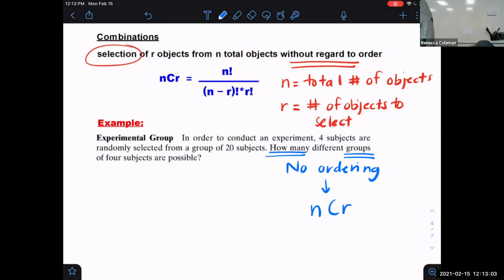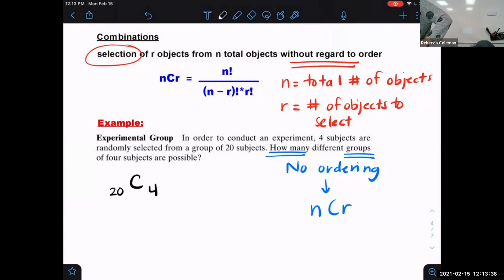Once I determine that NCR is what I should be using, then I would say, okay, I've got 20 total objects, and I want to take them 4 at a time. N is the total number of objects, R is the number of objects that I'm going to select for my group. Now, once again, you've got a formula basically dividing out everything that you don't want. But like I told you with the NPR, rather than getting hung up in the formula, go to your calculator.